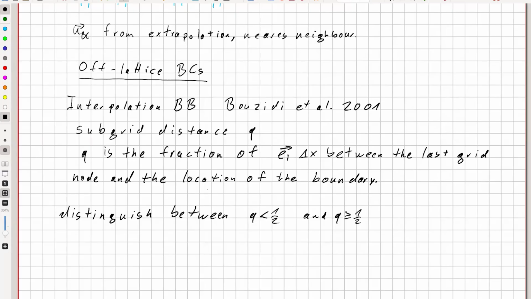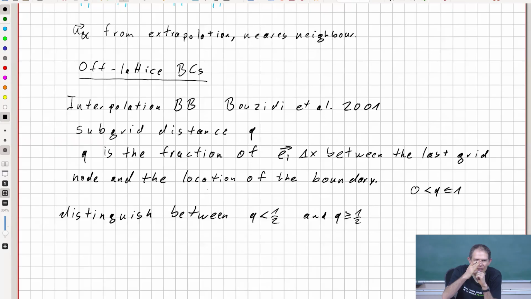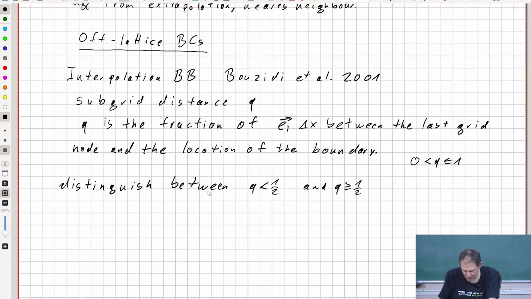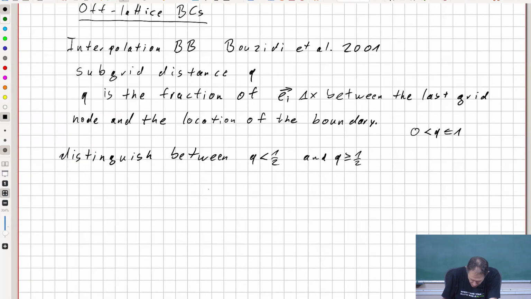And by the way, q always is in between 0 and 1, because 0 would mean that the boundary condition is directly on the wall, and 1 would mean that it's directly on the next one. So okay, this distinction. Now, unfortunately, I have to draw this, and let me see. We start with q smaller than 1/2.